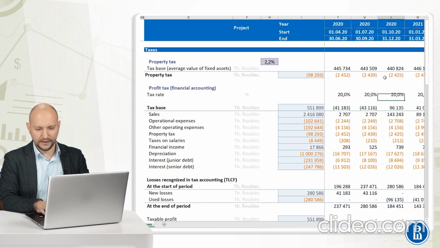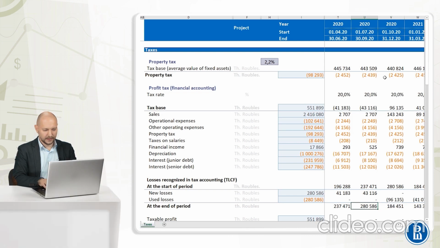Only by the end of 2020, the company has got the first profit, which is equal to 96 million rubles. And then what we can do, we simply use our losses that the company had in the past, and we recognize them in the income statement.